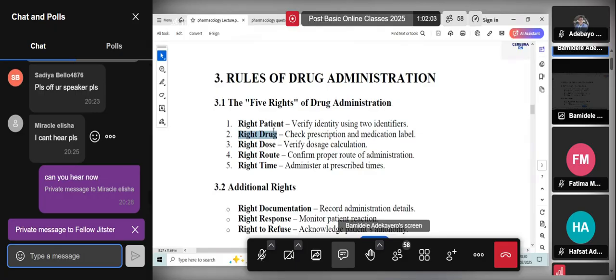You need to give the right drug. If the doctor has prescribed penicillin, please don't give amoxicillin. It has to be the right drug, and you need to check the prescription and medication label. The reason why we need to check this is sometimes it's not the nurse's fault.